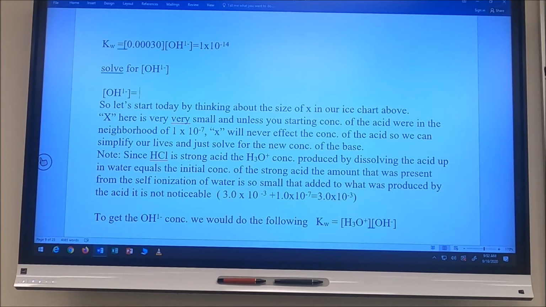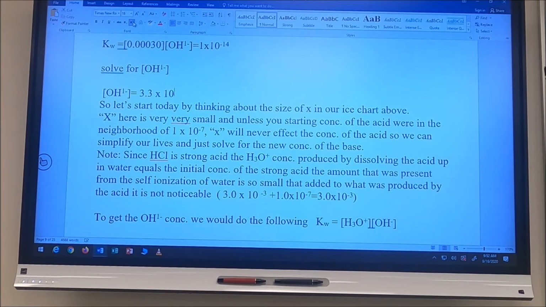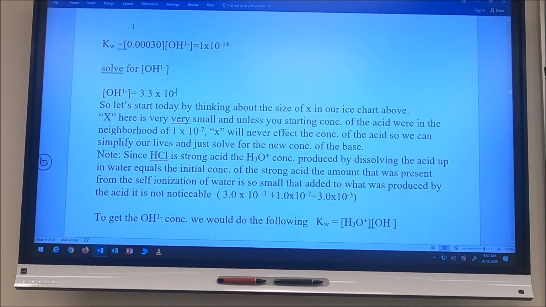I get the hydroxide ion concentration to be 3.3 times 10 raised to the negative 11.